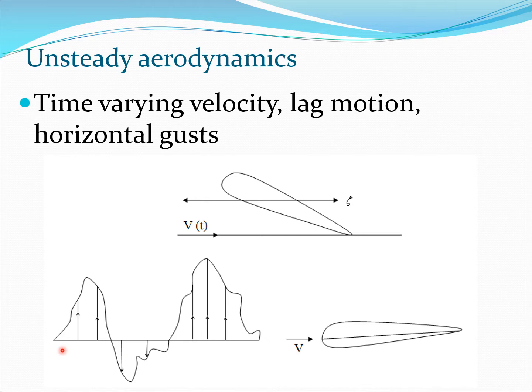Finally, there is the possibility of a gust coming and hitting your airfoil section or your blade. So a gust is essentially something like this. It's a velocity profile in this direction, and when it hits the wing section, it will also create certain unsteady effects.